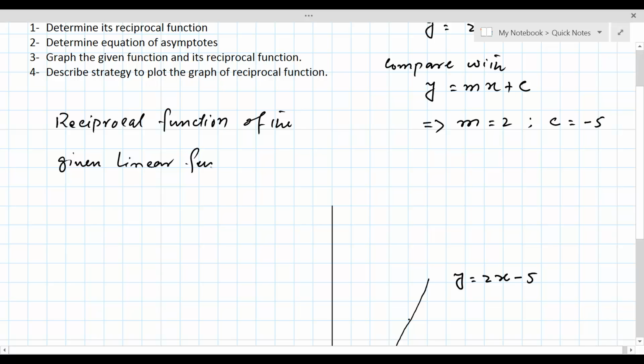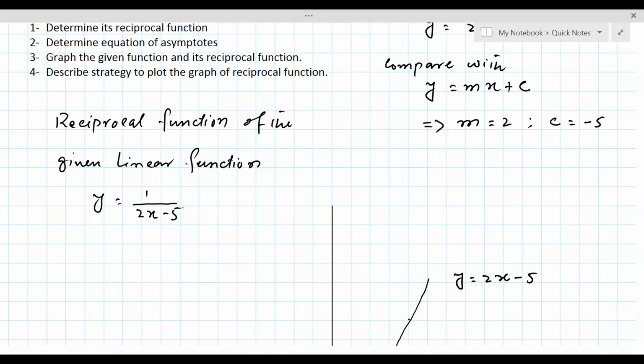You just reciprocate the right hand side. So this will be y is equal to 1 over 2x minus 5. This is the reciprocal function which we want to trace.